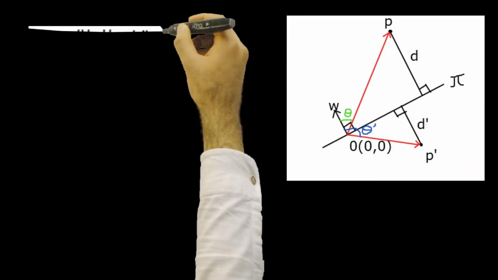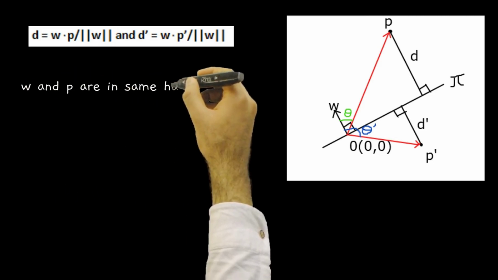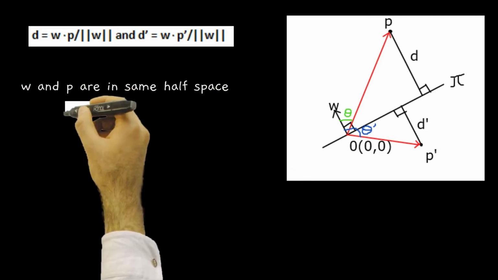Now let's understand what is happening here. So d equals W dot P divided by norm W and d dash is equal to W dot P dash divided by norm W. Since this angle is less than 90 degrees, since W and P are in the same half space, W dot P will be positive.